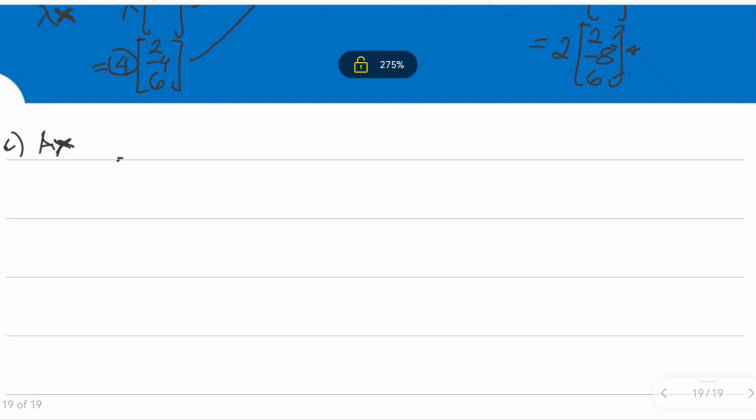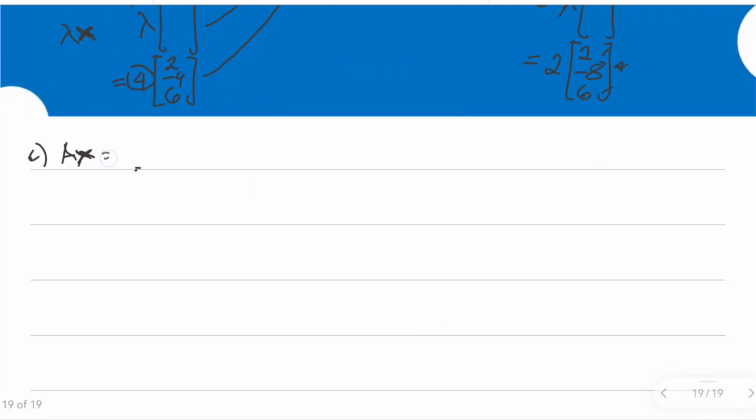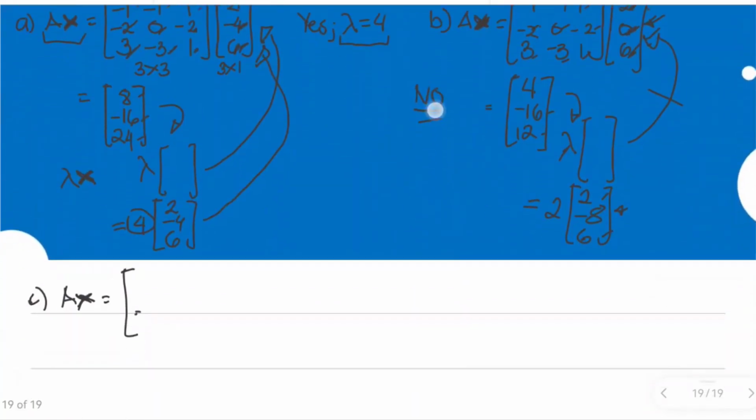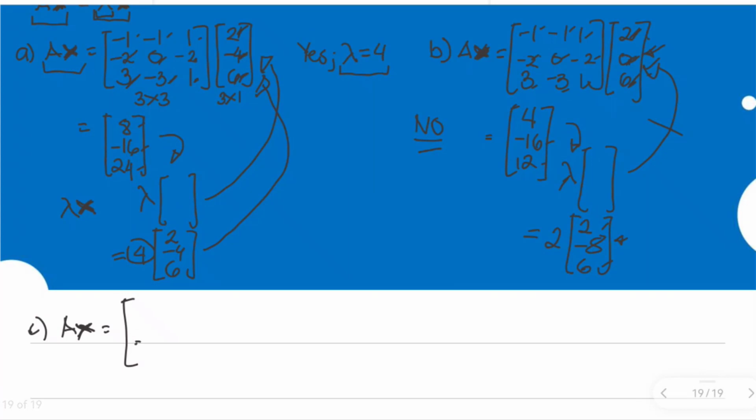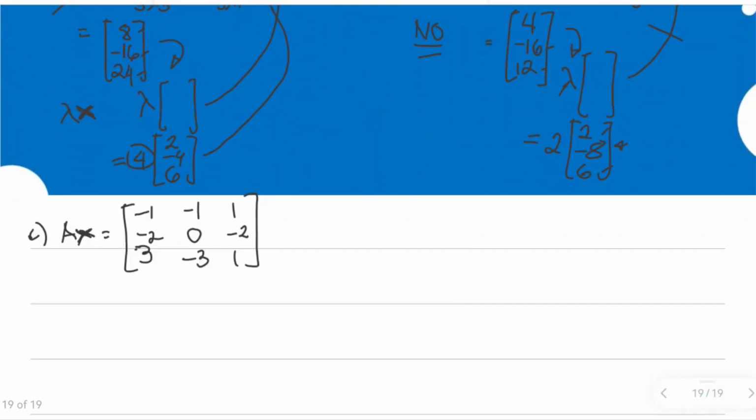So your vector here is -1, -1, and 1. You can see it in letter A. -2, 0, -2. That's a 3, -3, and 1 to be multiplied with your third vector, 2, 2, and 0. So we also have another 0 entry here.